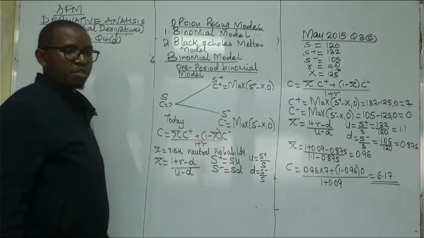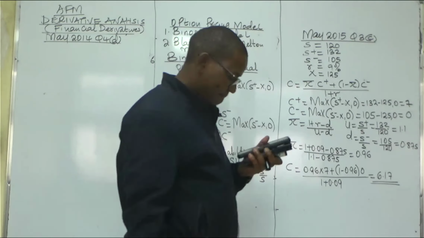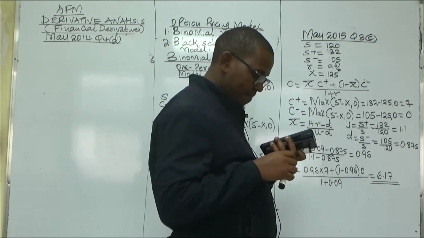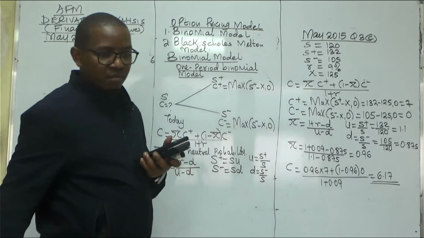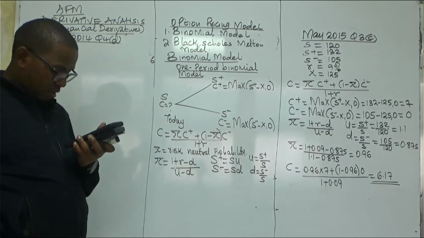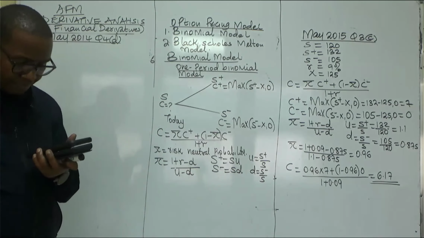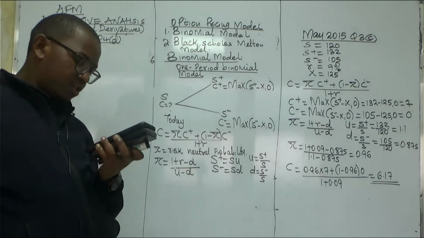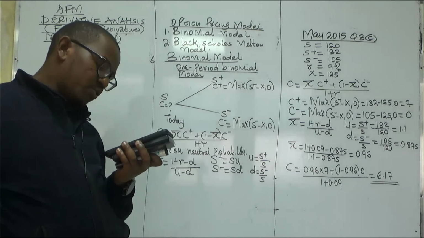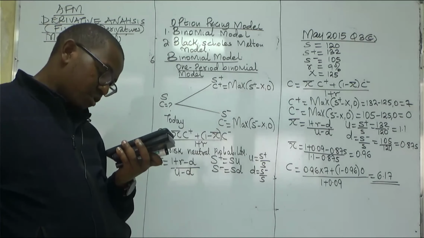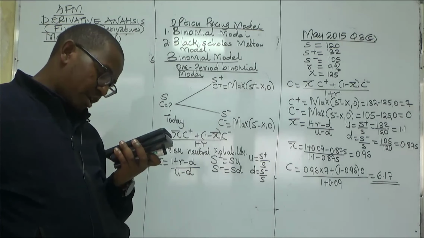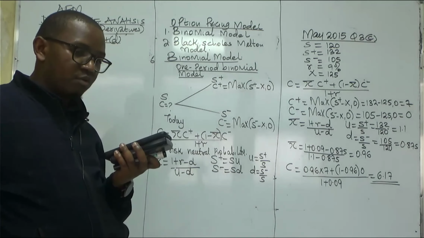A stock currently sells for shillings 36. In the next 6 months, the stock will increase to 42.